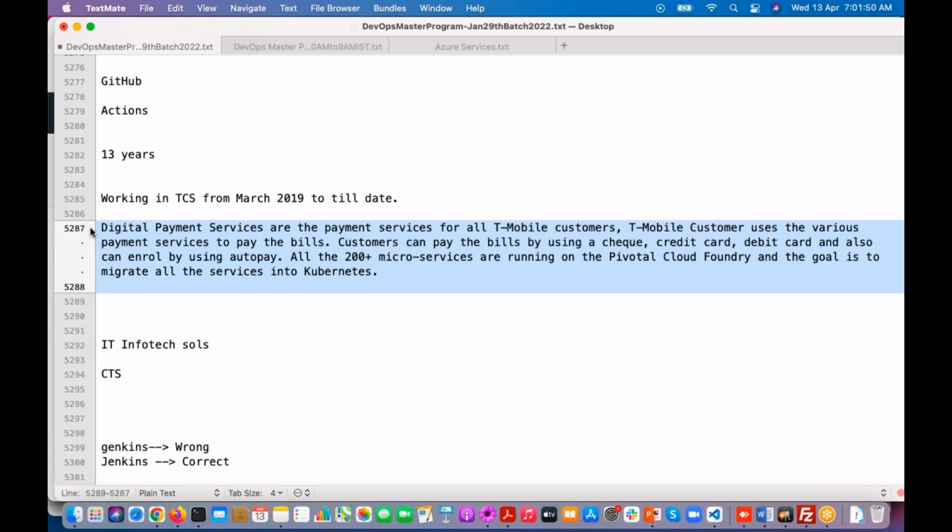Okay, but sometimes they can identify it. Suppose the interviewer already worked on this particular project. See, in which company is this project being developed?